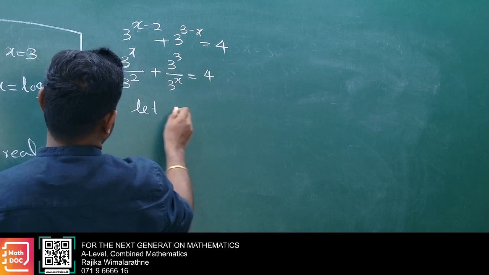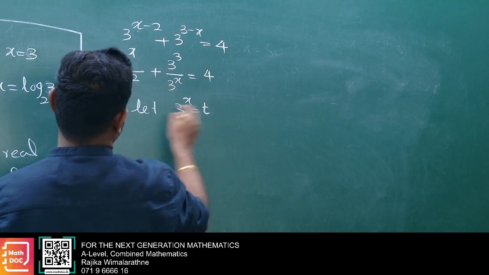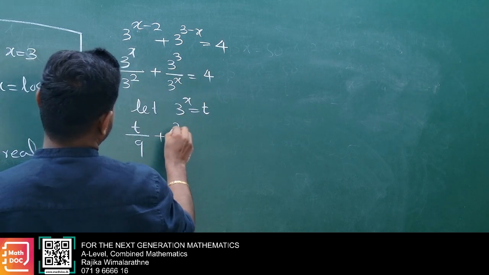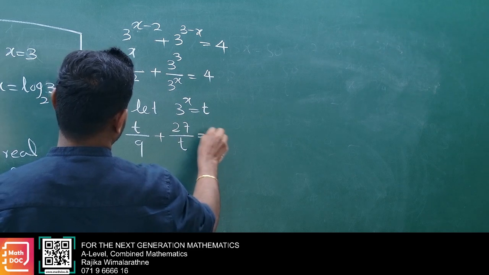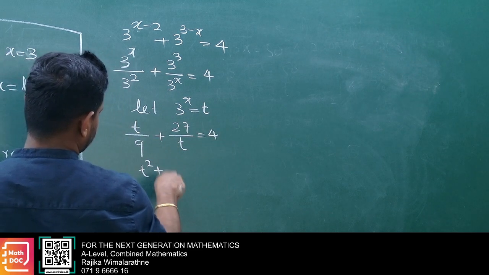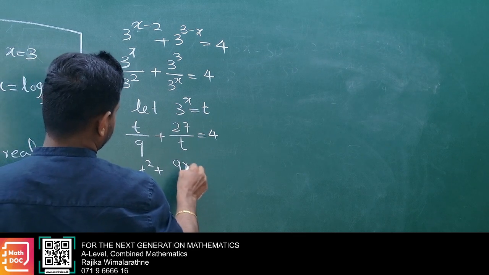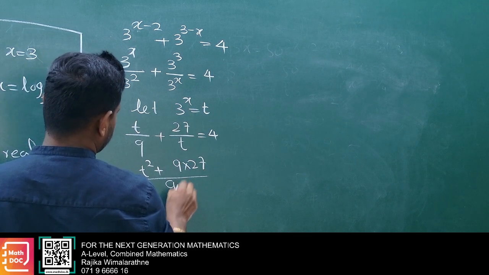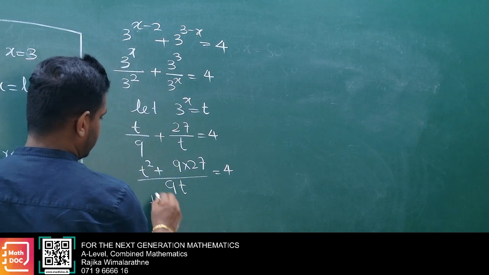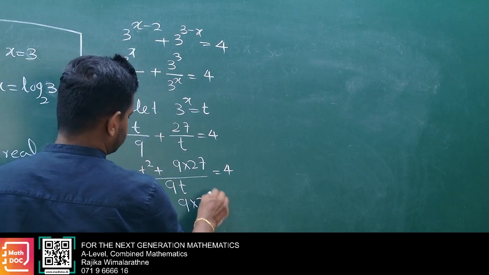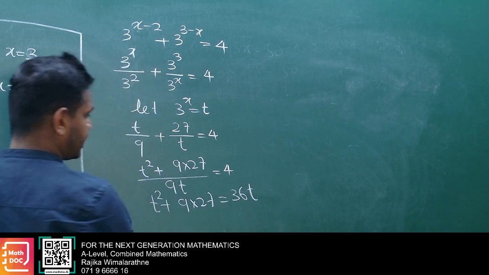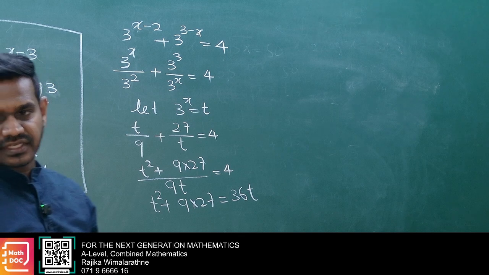Now use the substitution 3 to the power x equals t. Then here t over 9, and here 27 over t, equals 4. Then get a common denominator. Here t square plus 9 into 27 equals 4 times 9 t, so 36 t. Then we have a quadratic relation. Now we can solve, no?